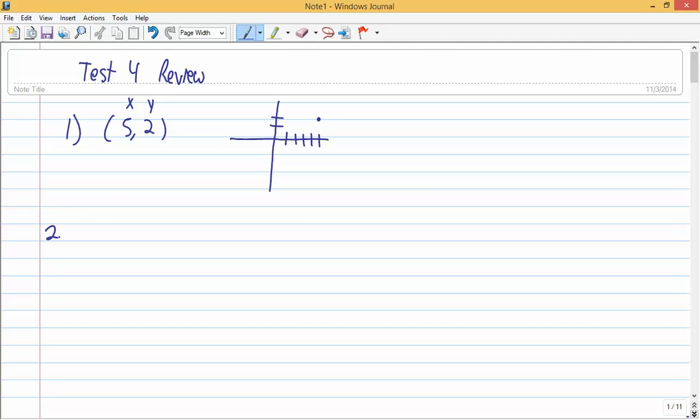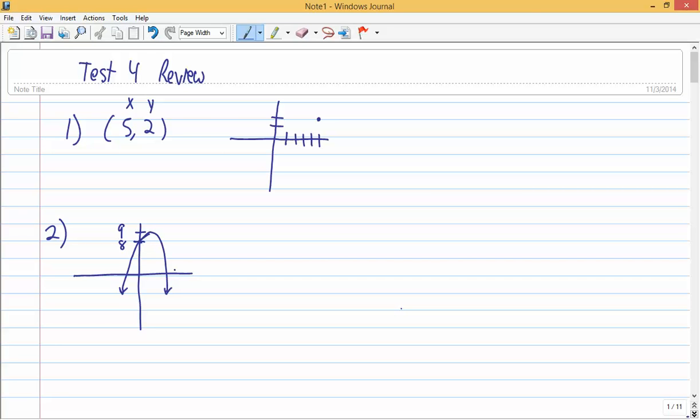Alright, problem number 2 says use the graph to determine the x and y intercepts. So it's kind of hard for me to draw this exactly. But up here at 8, this graph crosses the y-axis.